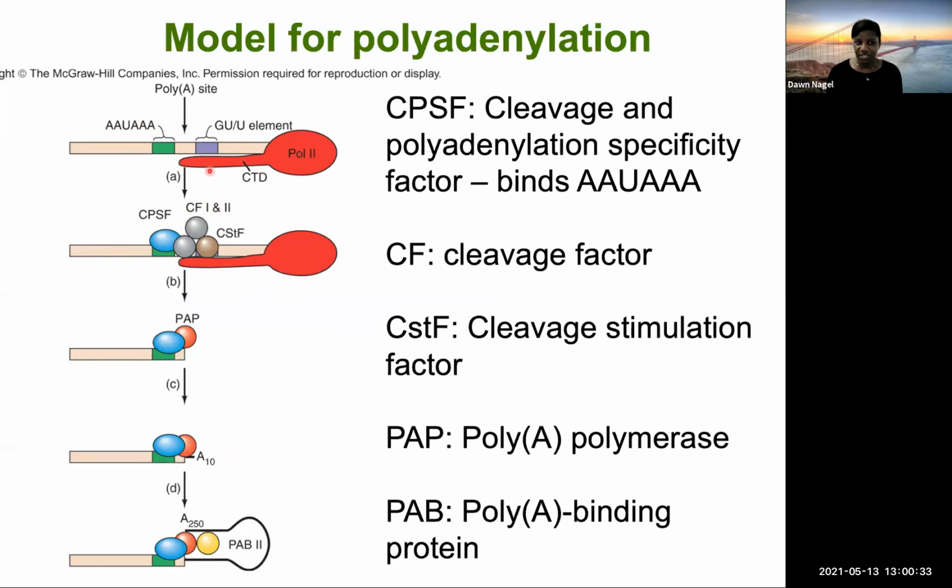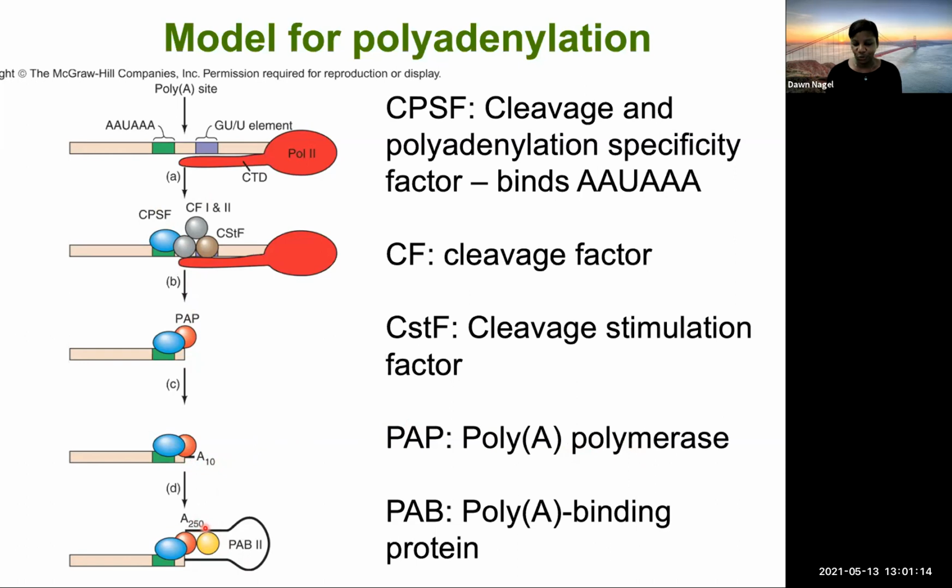And this is your polymerase. So you can see that this is happening as your polymerase passes down, you've already transcribed all of this region. This enzyme comes in, cleaves at this signal. When it cleaves this site, where you have your 3' OH remaining, you have a poly A polymerase that will come in and add a string of nucleotides. So first you have 10 A's that get added, and then in the second phase you have a very quick addition of additional A's, and you can have up to 200 additional A's added.